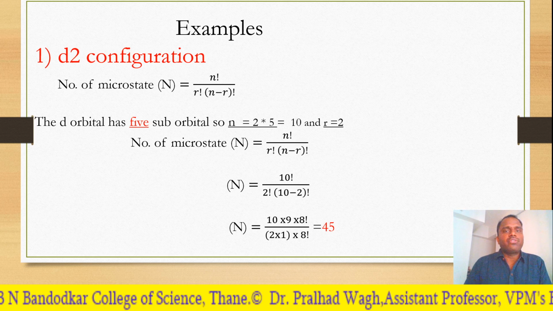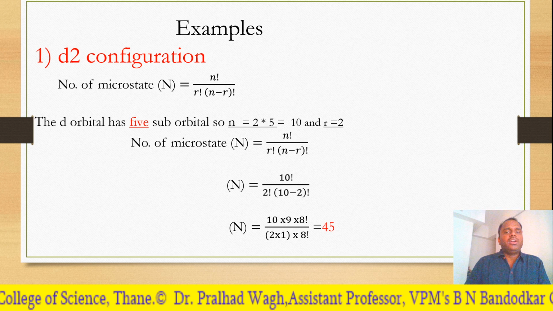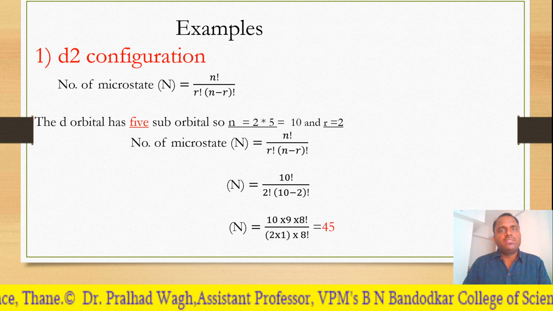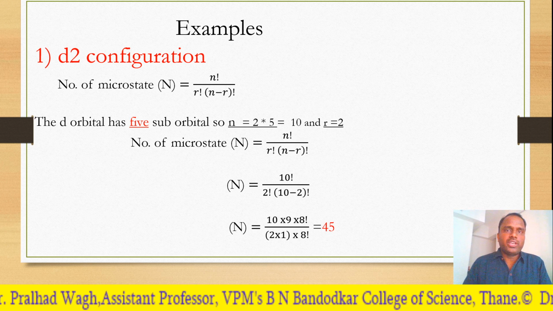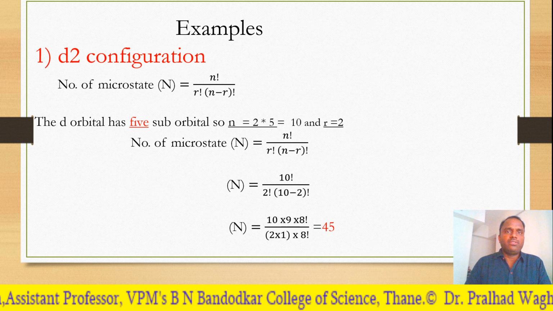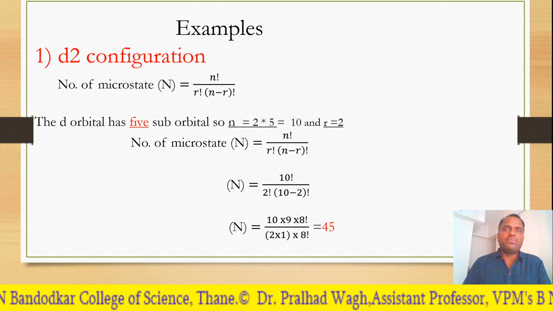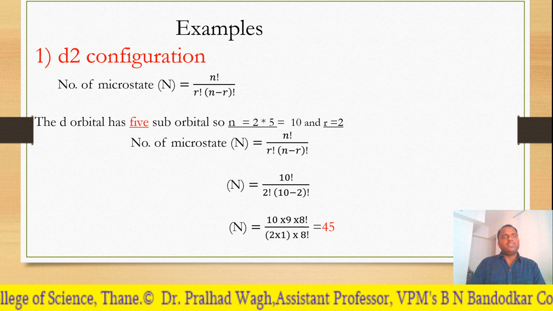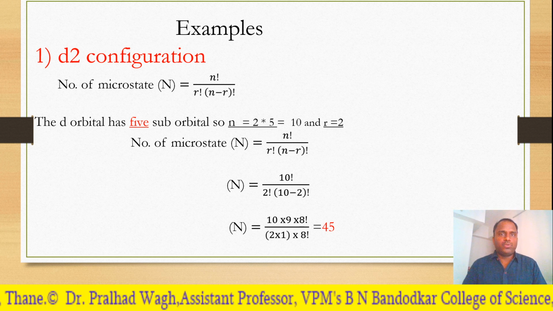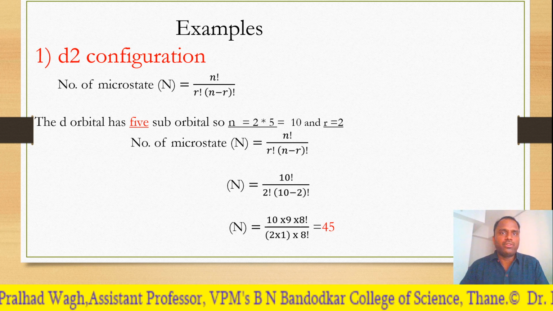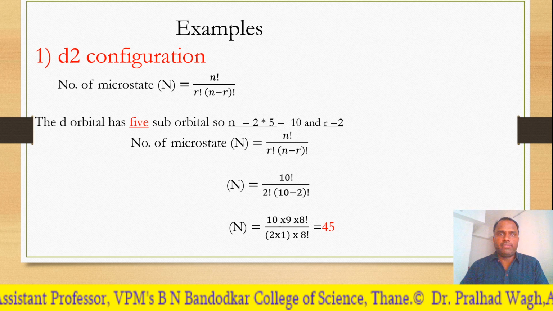So this 8 factorial gets cancelled, and the remaining is 10 into 9, which becomes 90, and on the denominator side only 2 is there, so 90 by 2 becomes 45. So in this way, the total number of microstates possible for the d2 electronic configuration is 45.